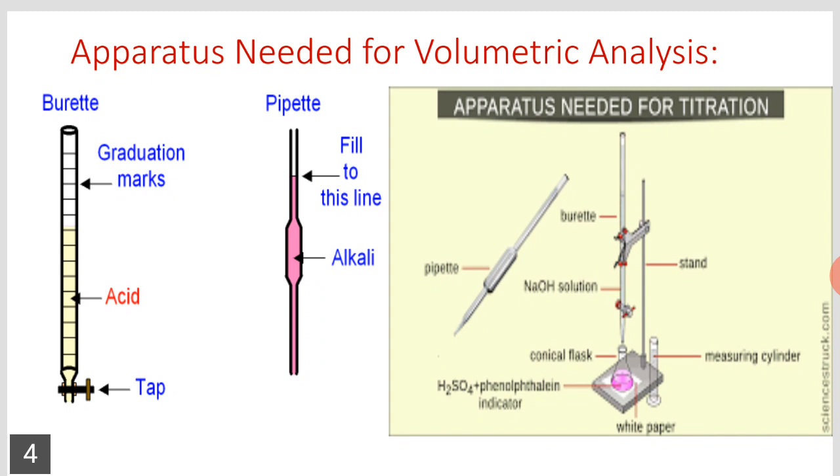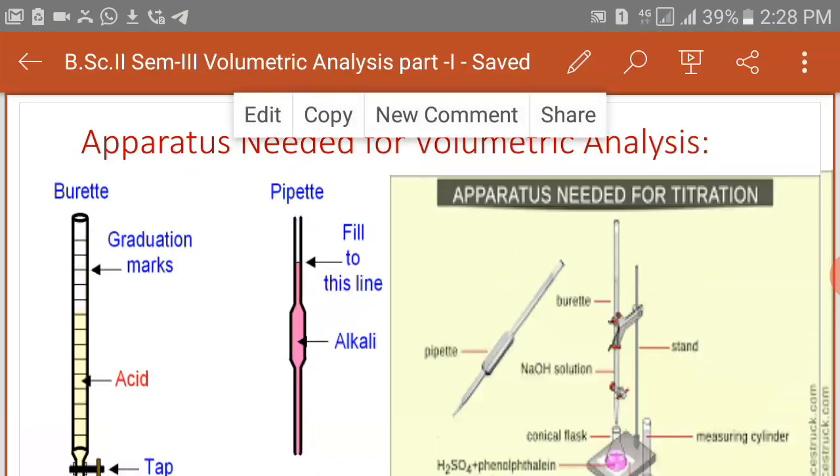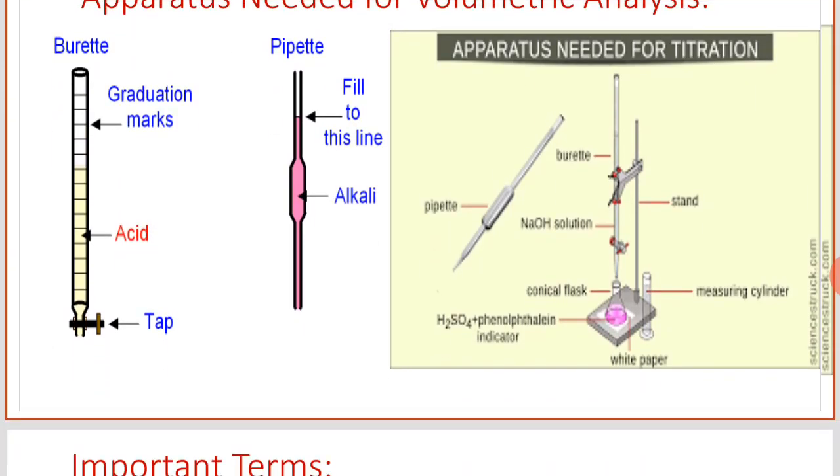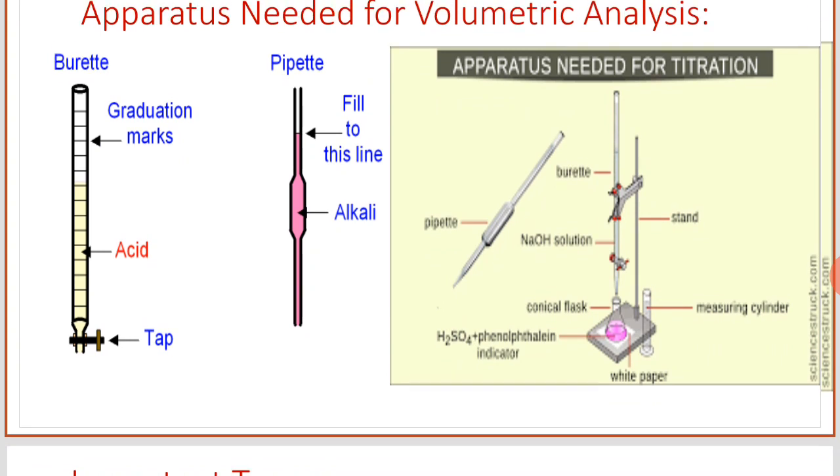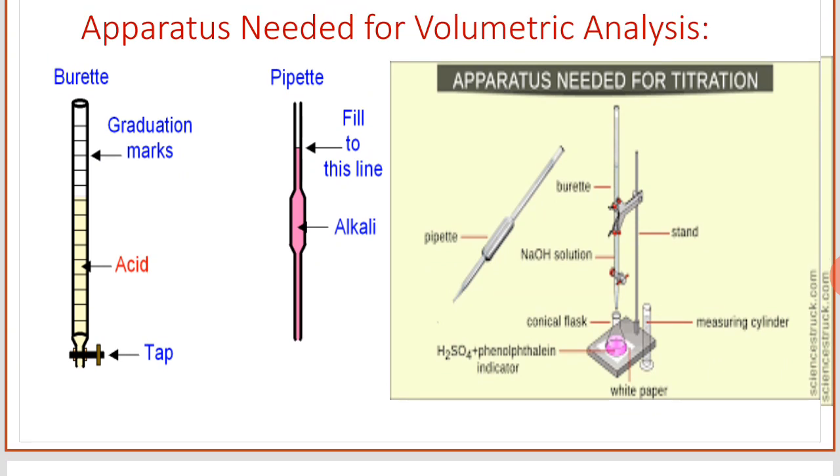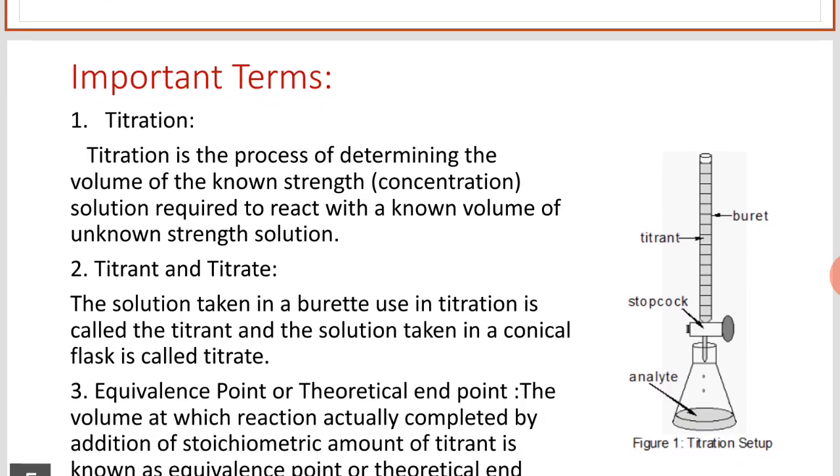The pipette may be of 10 ml, 25 ml, etc. Since there is marking on the burette and pipette, we can measure a quantity with the help of the pipette. We attach the burette on the burette stand, and we take one solution in the conical flask. This is the complete assembly for the titration, that is, for volumetric analysis.